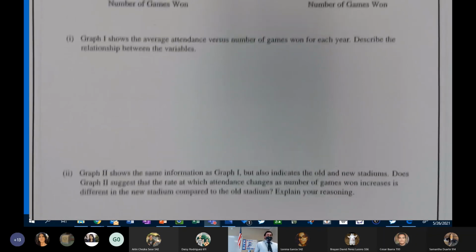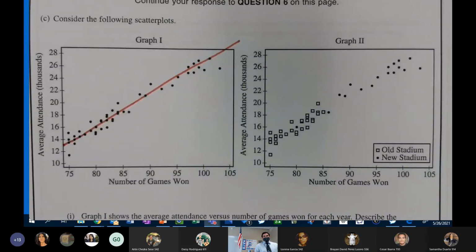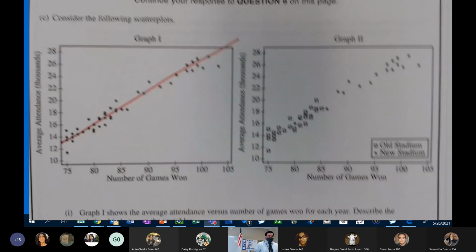Now, if we look at the line we drew for graph 1, obviously it's going to be the same best fit line for graph 2. So just based on that, it looks like the trend, regardless of stadium, is the same. More games won seems to result in higher attendance. We don't know if that's a causation. We just have an association there.